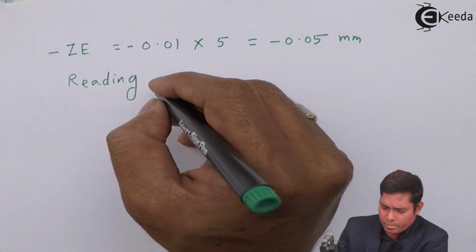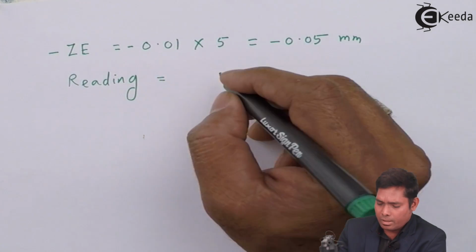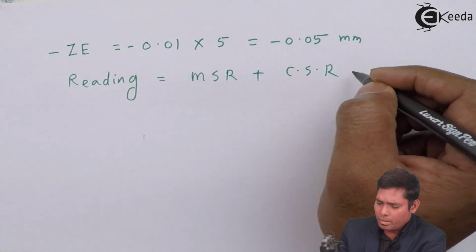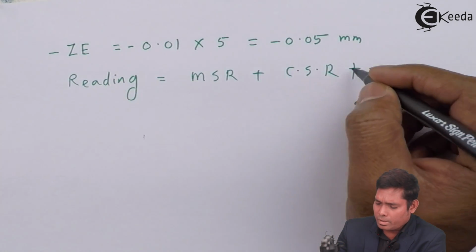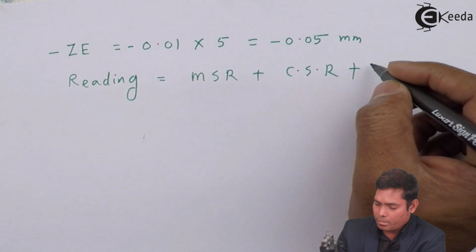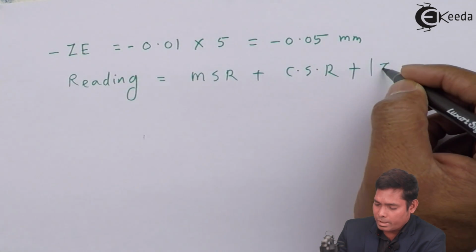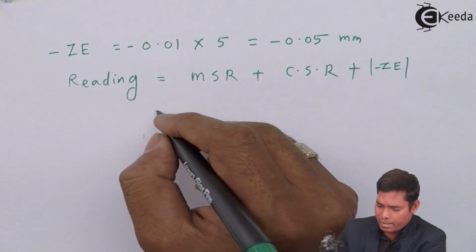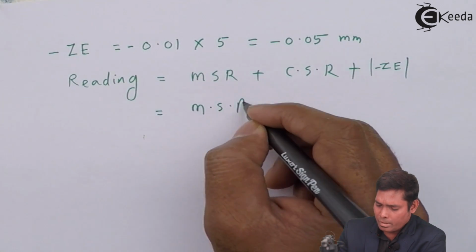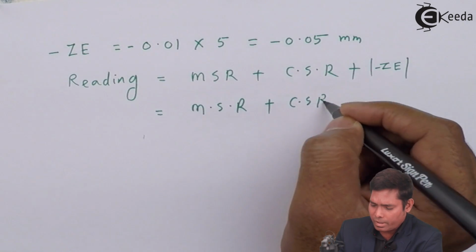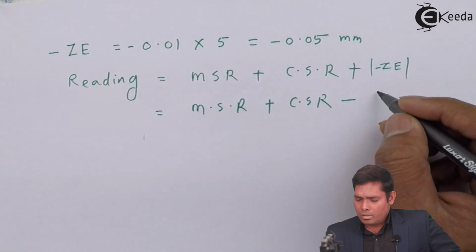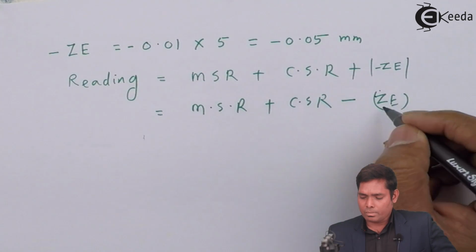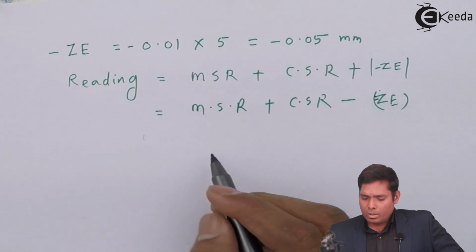The reading of the instrument is main scale reading plus circular scale reading minus the zero error, that is, minus of the negative zero error.